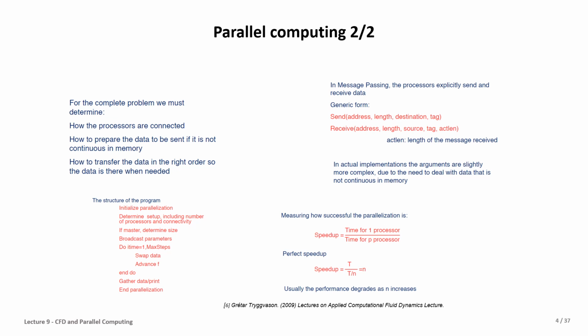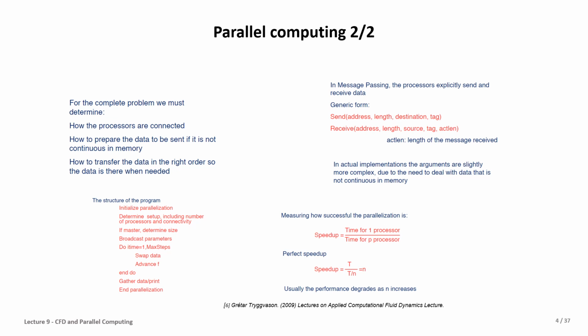In parallel computing for CFD, when we have a complex problem, we must determine how the processors are connected, how to prepare the data to be sent if it's not contiguous in memory, and how to transfer the data in the right order so the data is there when needed. From the previous lectures, we had MPI.